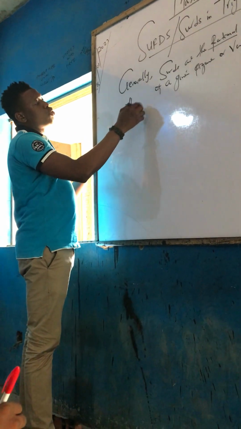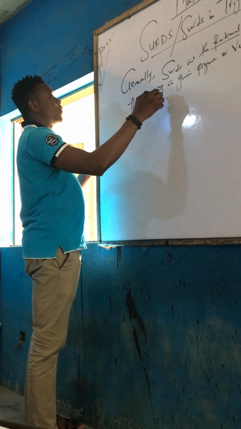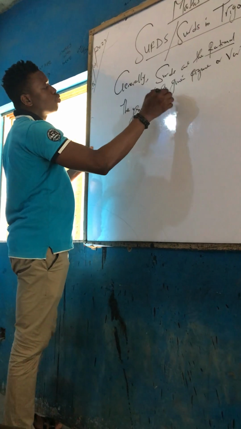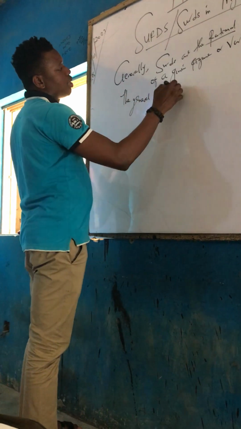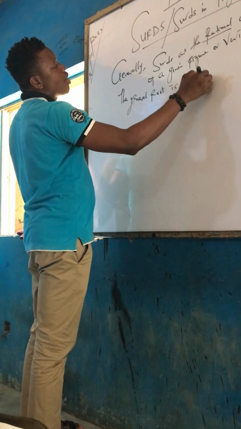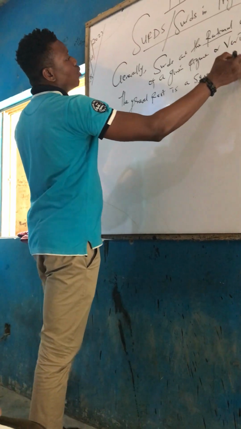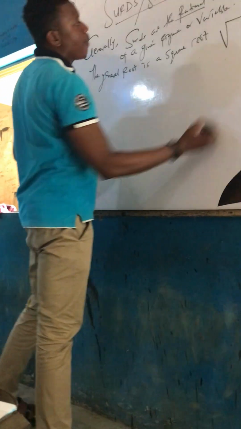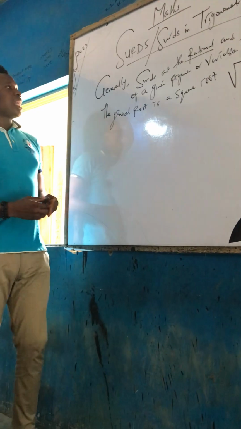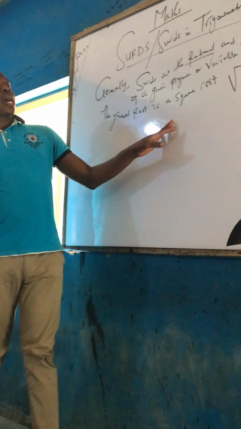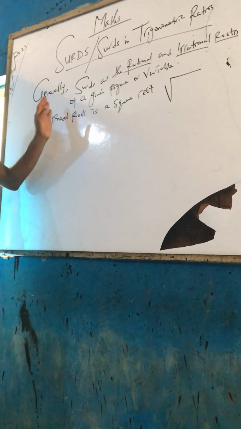The general roots form, the general root is a square root. Look at the symbol. So the general root is a square root. So this is what we call surds.